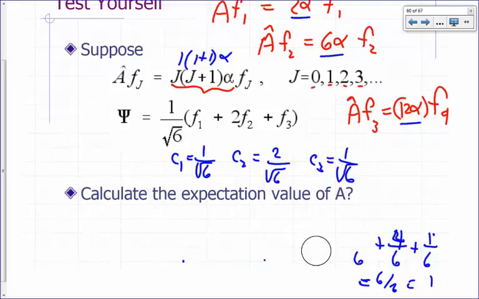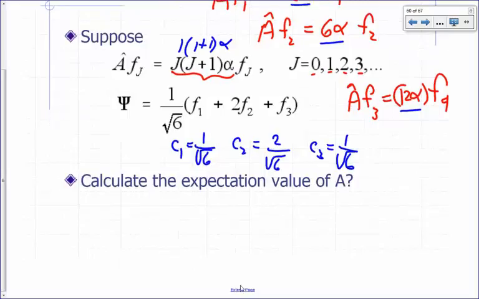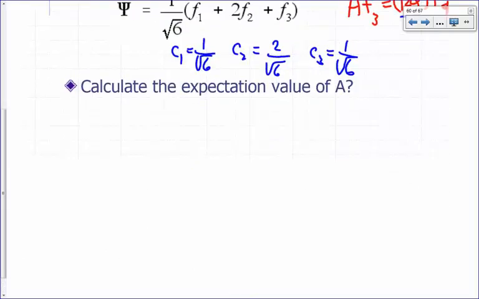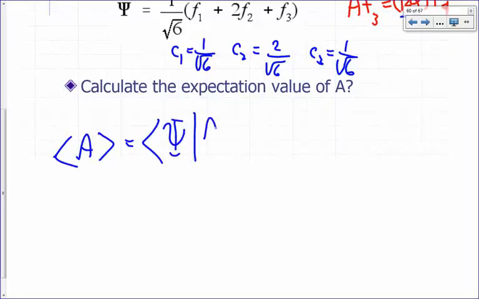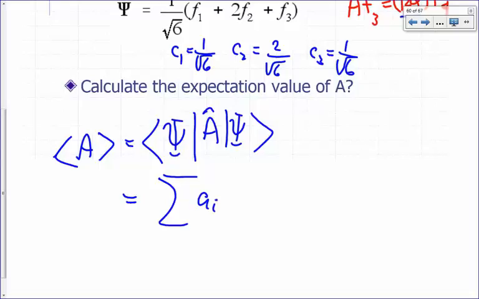What's the expectation value of A? It's going to be the integral of psi star A hat psi, which is going to be the sum over possible outcomes, A sub i times the probability of getting A sub i, which is C sub i squared.